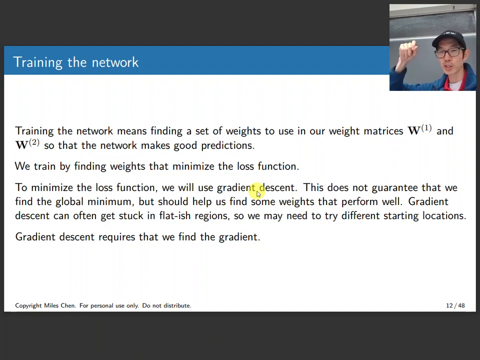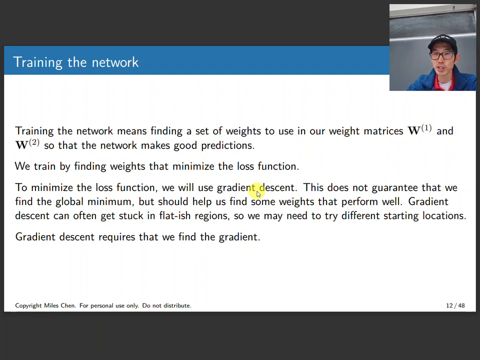We're going to start somewhere, iteratively take little steps downhill, and then hopefully end up at a minimum value, a local minimum, maybe a global minimum. Okay. Now again, gradient descent does not guarantee that it will converge to a global minimum. It doesn't even guarantee that it will converge, right? A lot depends on what learning rate you picked. If you pick a bad learning rate, it could diverge.